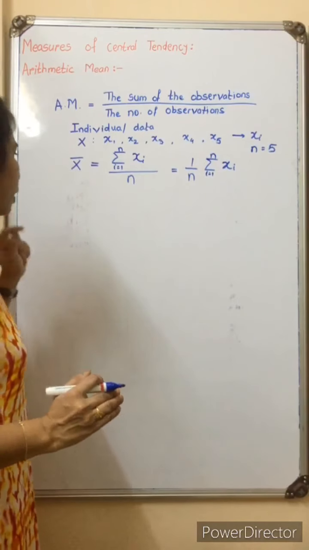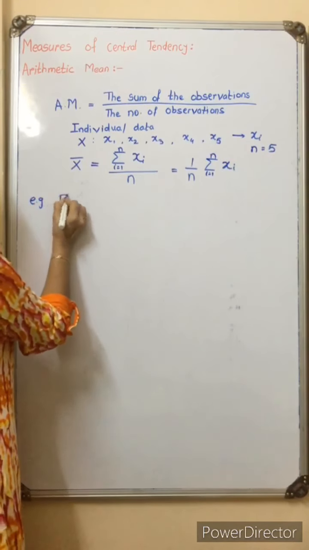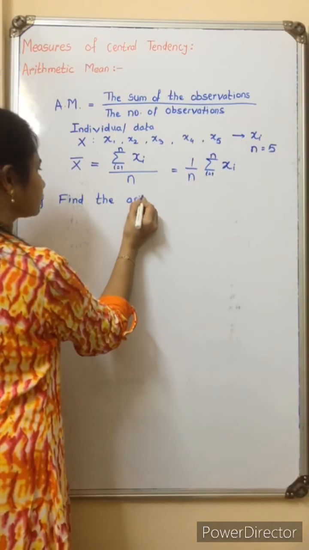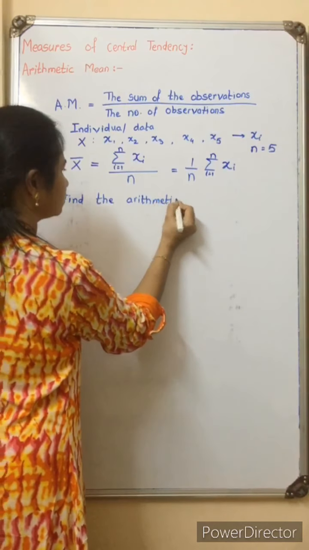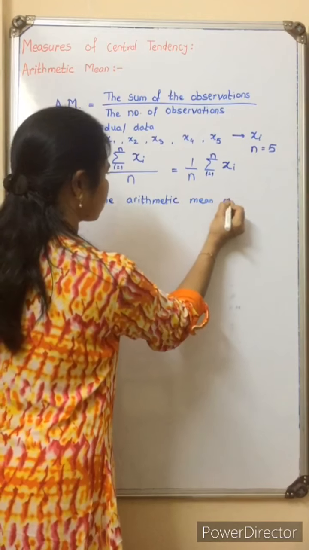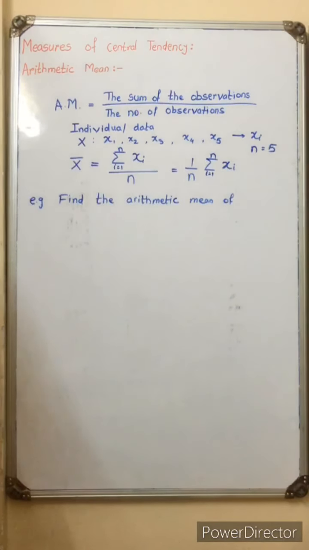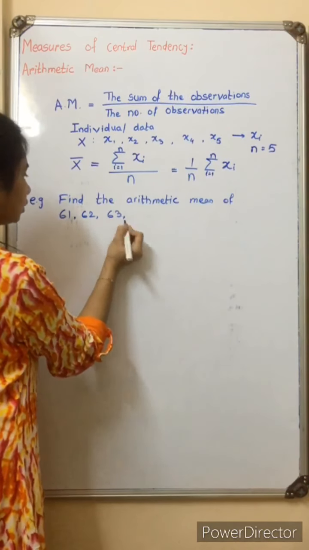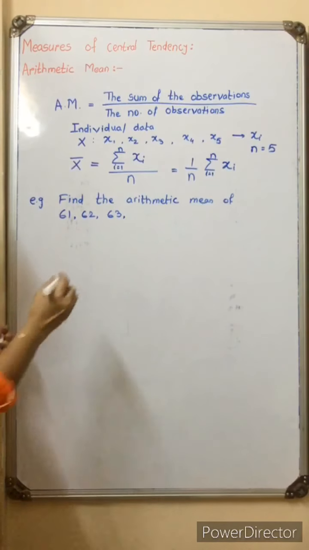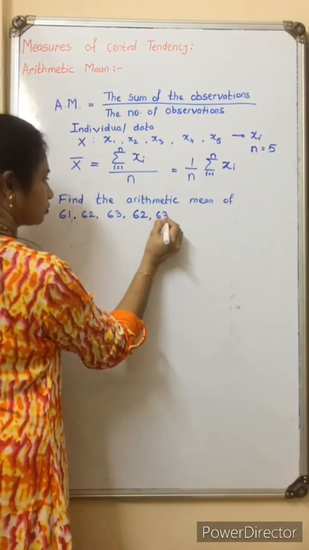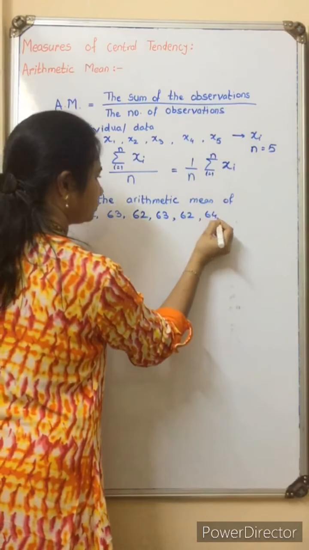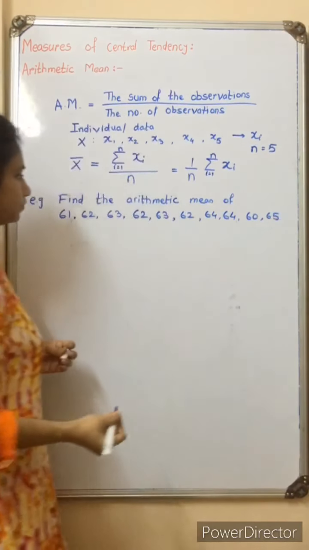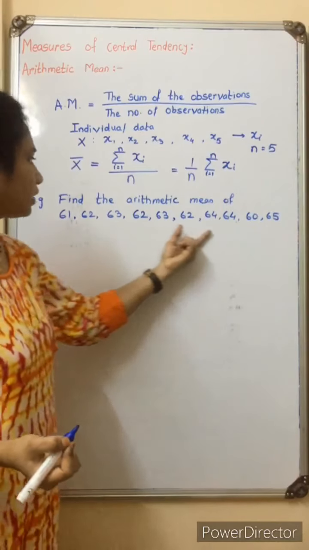Let us see an example: find the arithmetic mean of the following observations. Suppose we have 61, 62, 63, and so on. These are our observations.